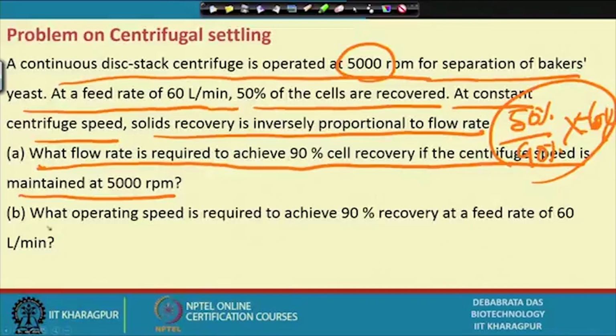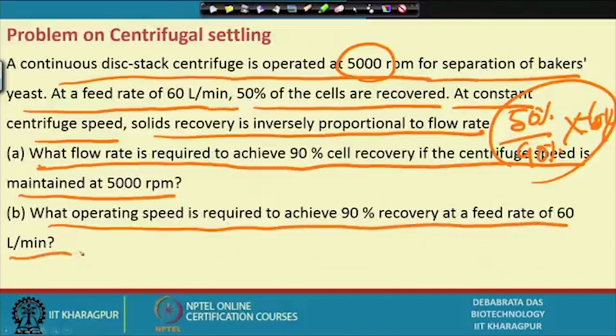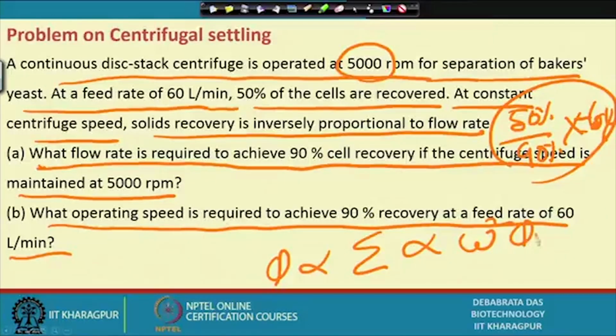Now the next problem is: what operational speed is required to achieve 90% recovery at a feed rate of 60 liters per minute? Here sigma is proportional to omega square, and it is also proportional to Q. So we can write Q1 by Q2 equals omega 1 square by omega 2 square.